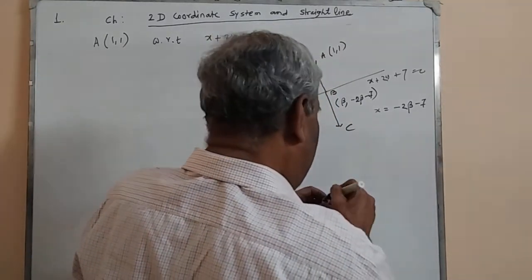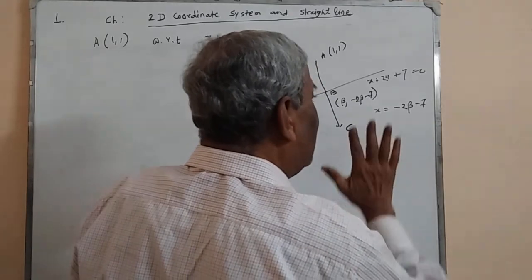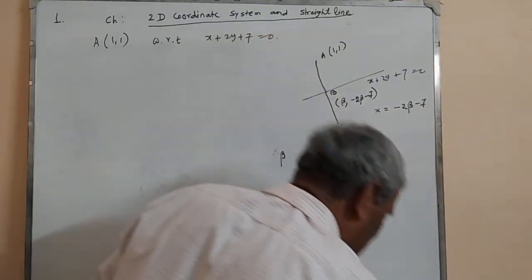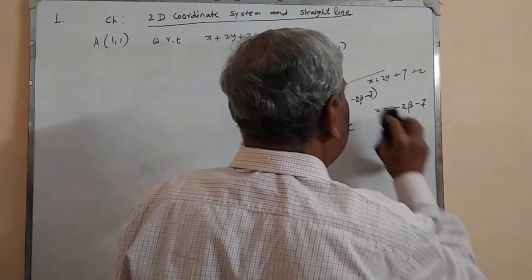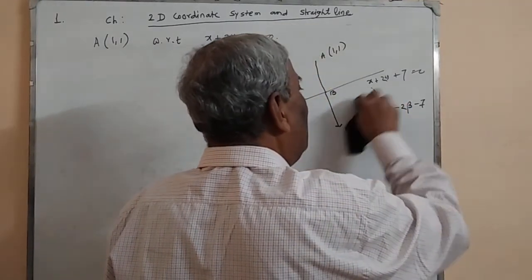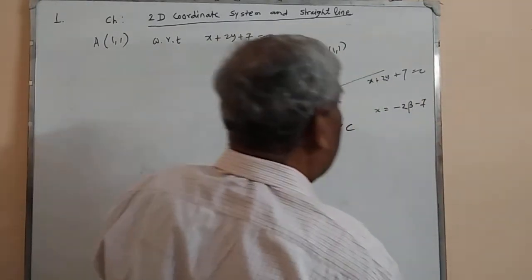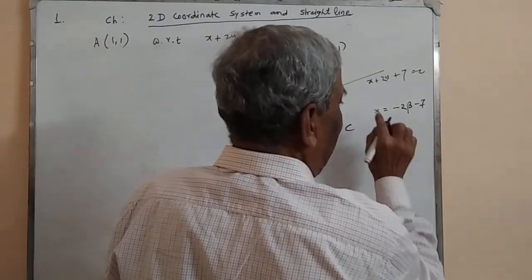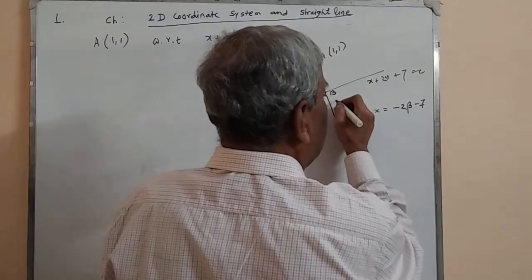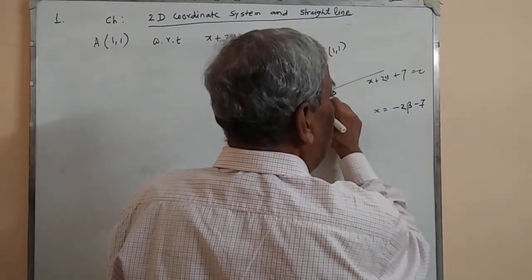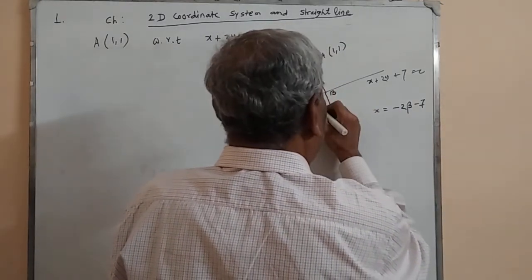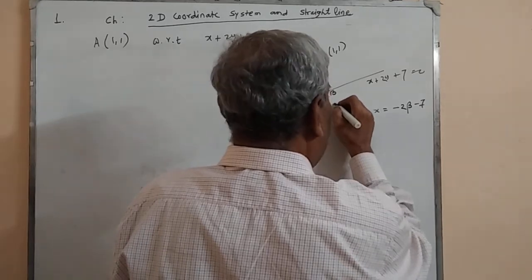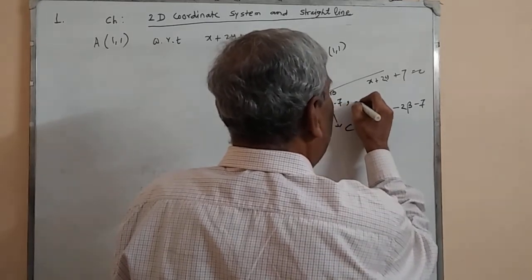Oh, I have made a mistake. I have taken y is equal to beta, x is equal to this. So B is actually minus 2 beta minus 7 comma beta.